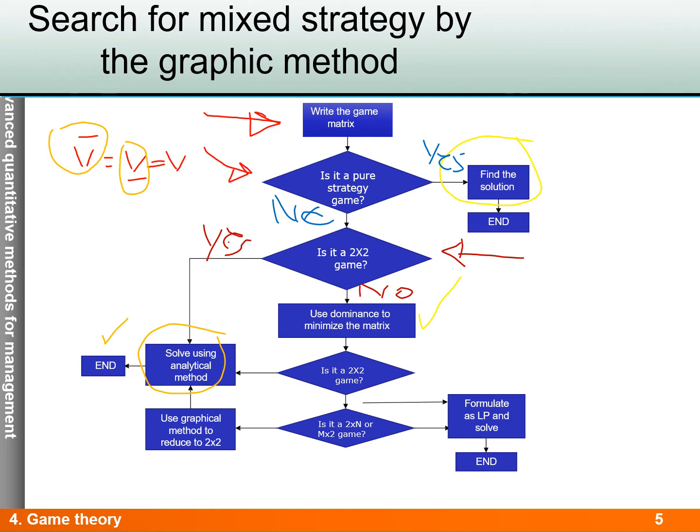Again, I need to ask ourselves: now, after using dominated strategies, is the size 2 by 2, 2 multiplied by 2? If the answer is yes, again it is solved by the algebraic method, and end.